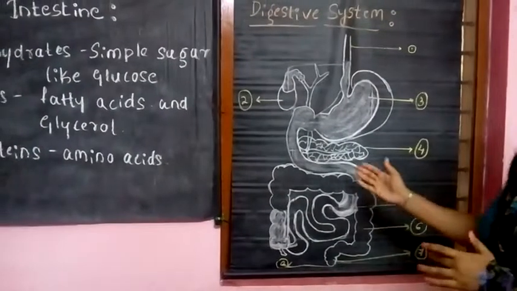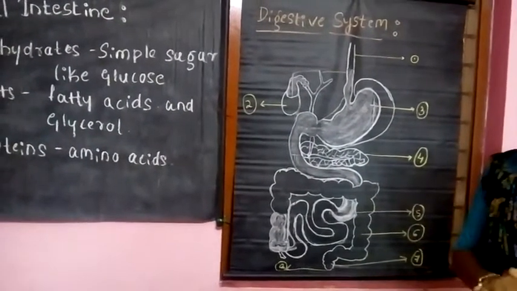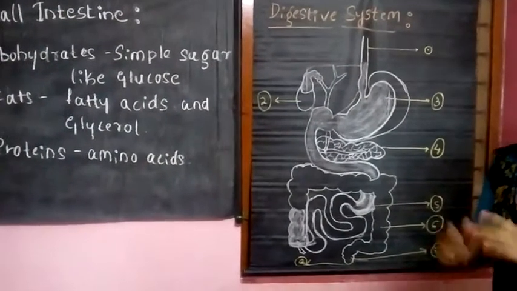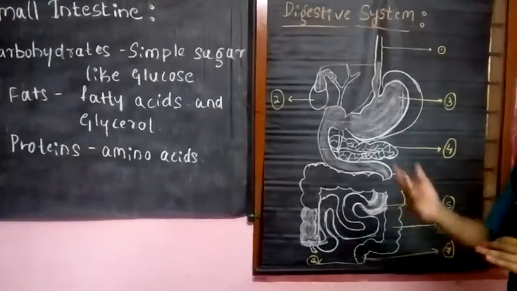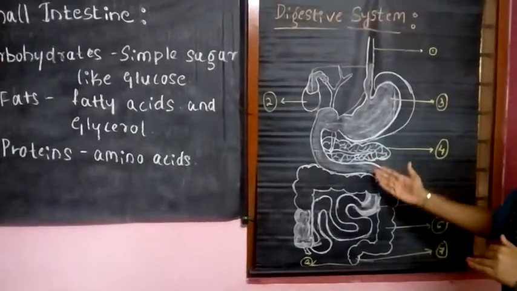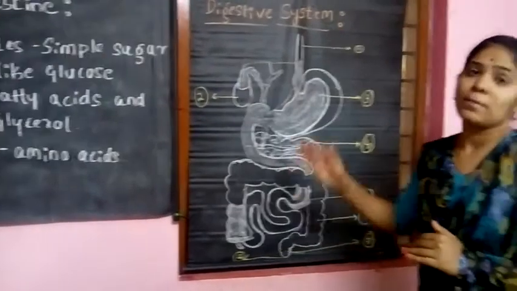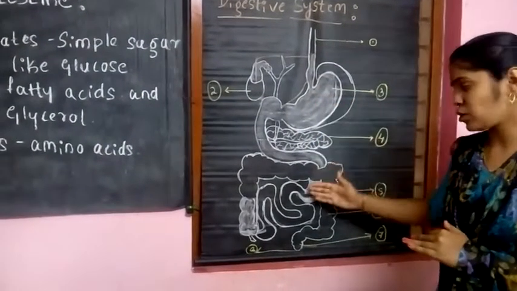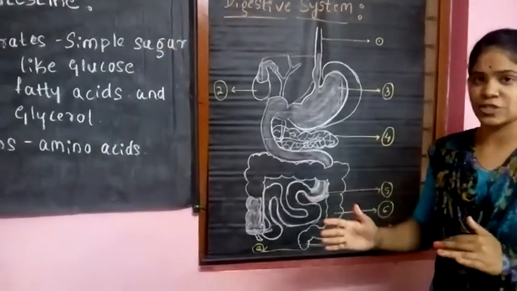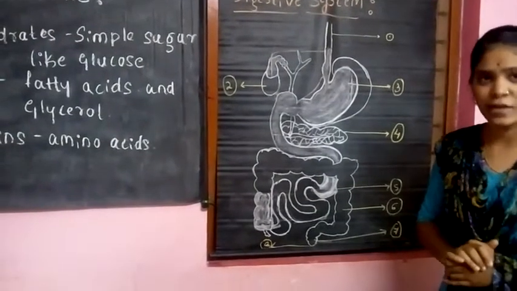In the small intestine there is a presence of intestinal juice which helps to digest whatever food material comes from the stomach. It is partly digested in the stomach, and in the small intestine it will be completely digested with the help of intestinal juice.